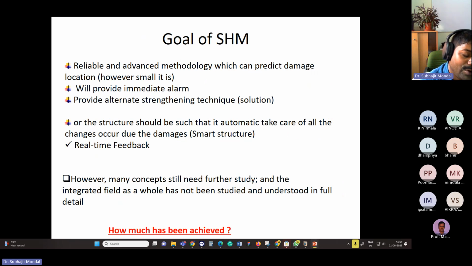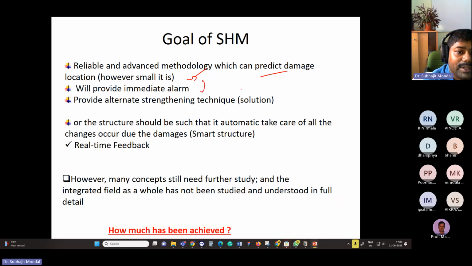Here, our basic aim is to have a reliable method to predict the damage, and the damage can be small also. If the damage is very low, our methodology, our algorithm, should be capable enough to identify it.